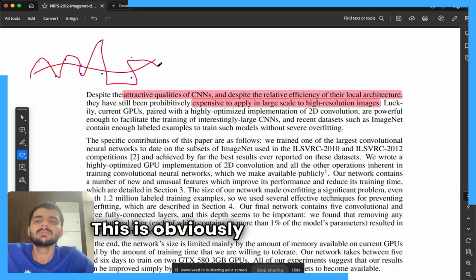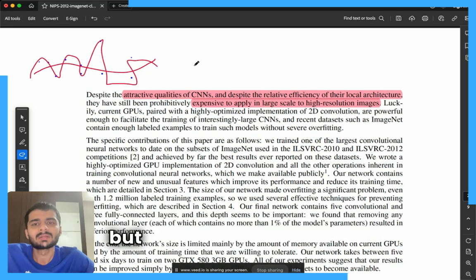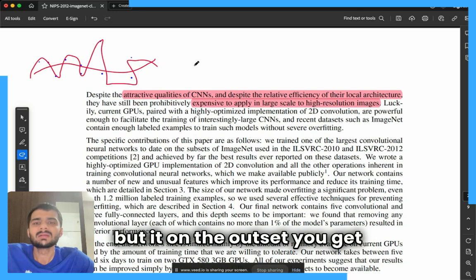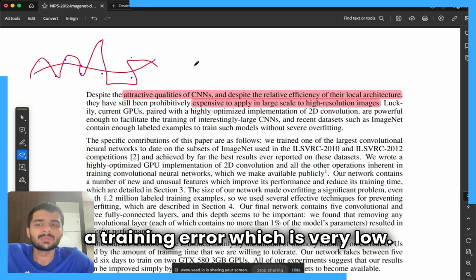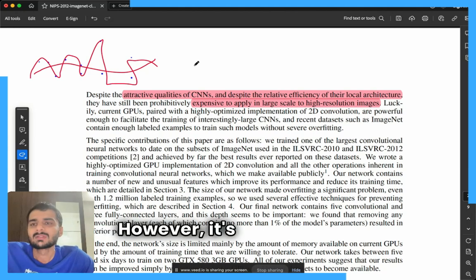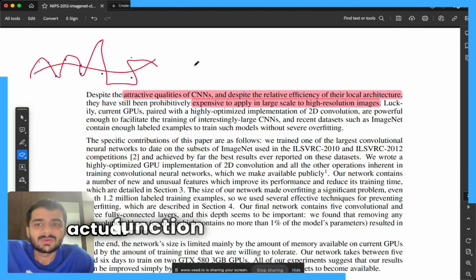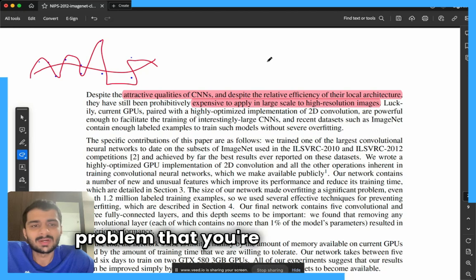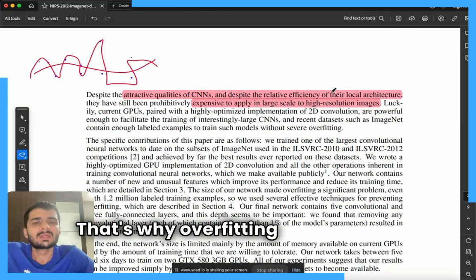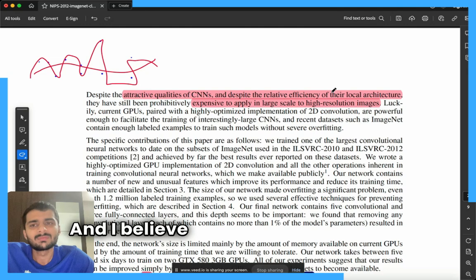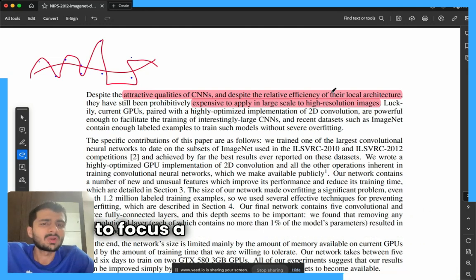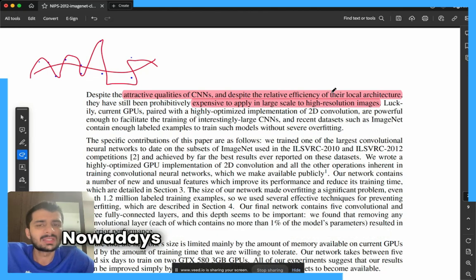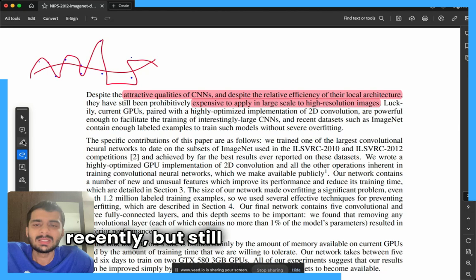This is obviously not the correct representation, but at the outset you get a training error which is very low, and however it's not a correct representation of the actual function which represents the problem that you're trying to solve. That's why overfitting is a very real problem, and I believe in the year 2012 people used to focus a lot on the problem of overfitting. Nowadays we do not talk about it that much in the papers that I have read recently, but still interesting to know.